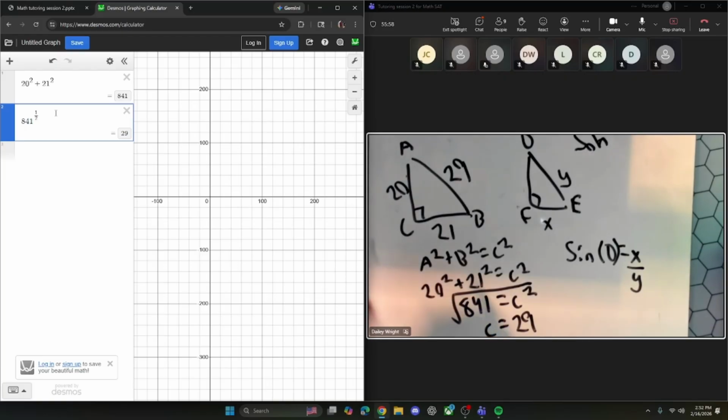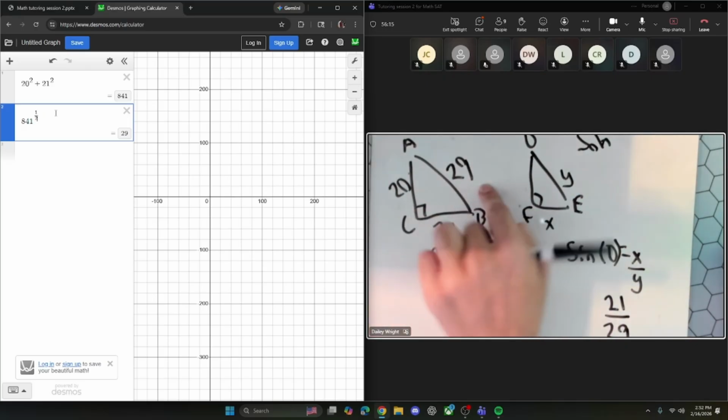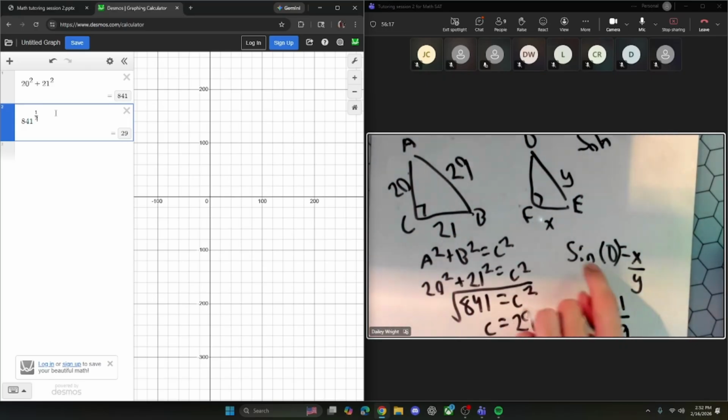And now we can put CB over AB, so we can find sine of B, or sine of D. So that would be 21 over 29, because x over y equals 21 over 29 because they are proportional to each other. So sine of D equals 21 over 29.